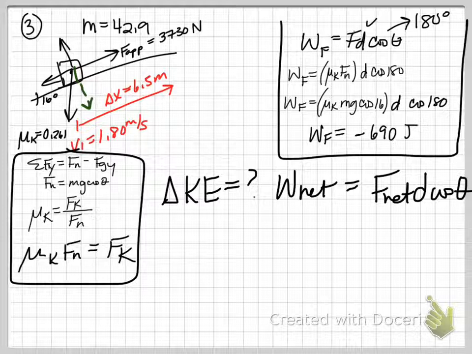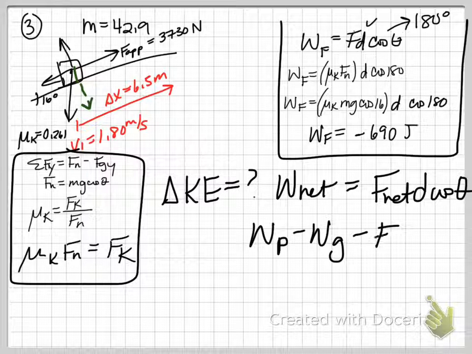We're told that the box is moving up the slope, so that would be fairly straightforward. We could do delta K equals work net equals work of the puller minus work of gravity minus work of friction. Either way, we're going to have to find those forces because work of the puller is just force of the puller times distance. So, I found it simpler to just find net force.